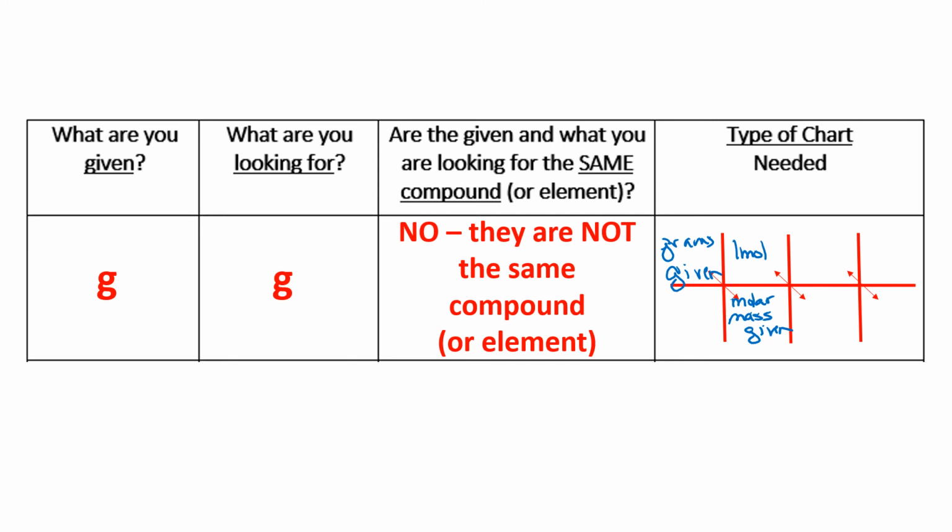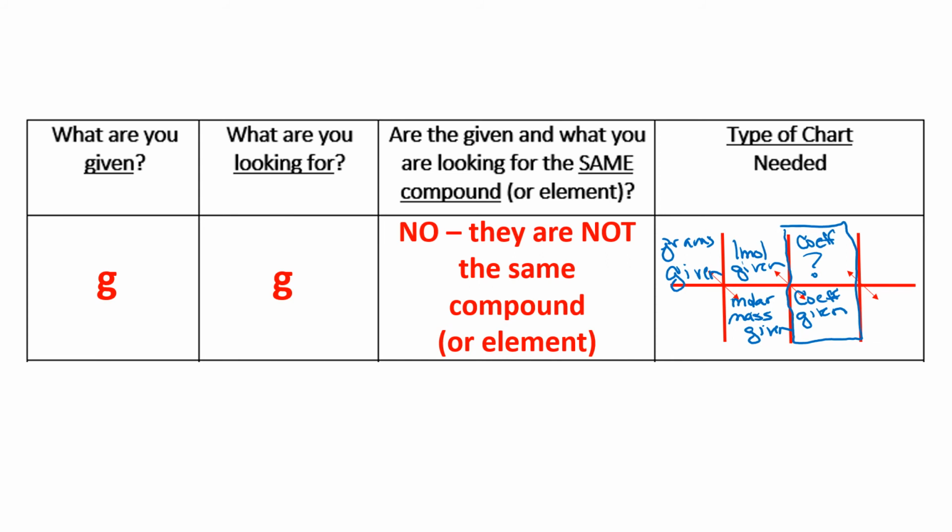So now we go moles to moles, and this is moles of given. This part comes from our equation. So we have the coefficient for our given from the equation, and then here we have the coefficient from our equation for the unknown.